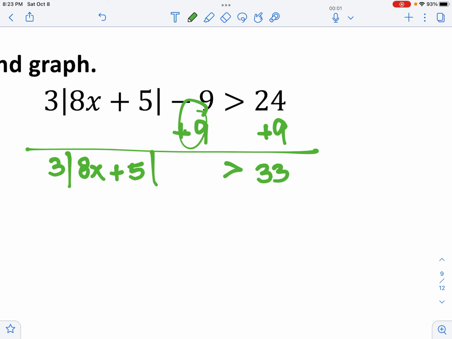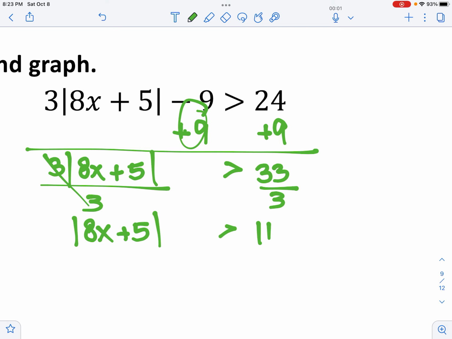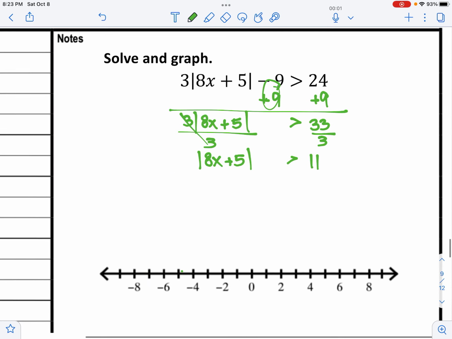And now I want to divide by 3. Okay. So now I've isolated that absolute value bars. So now I can create my two cases.